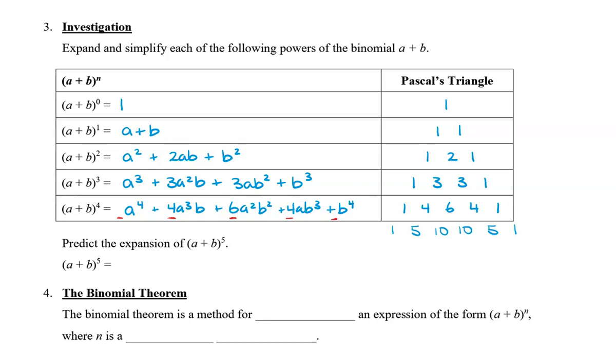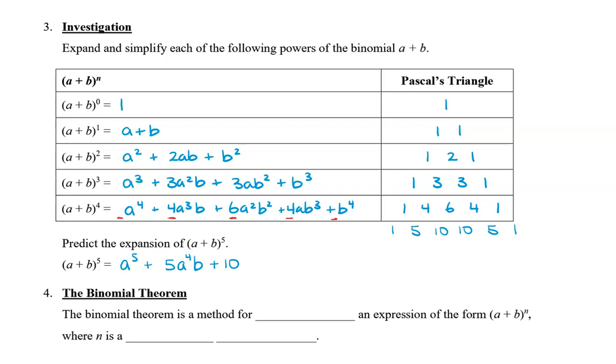Using that pattern and knowing Pascal's triangle, we can now expand a plus b to the power of 5 without actually having to multiply another binomial. So this would be a to the power of 5. Notice the pattern. And then plus 5, now a decreases to a to the 4, and we start increasing our b's, so times b.